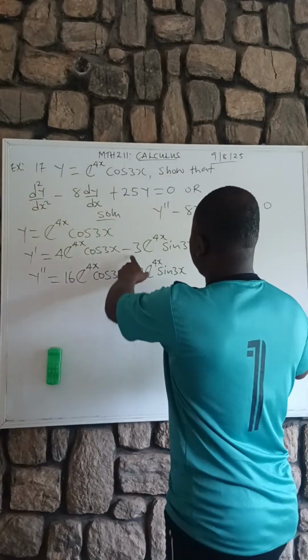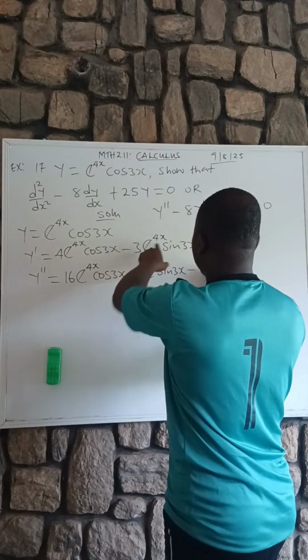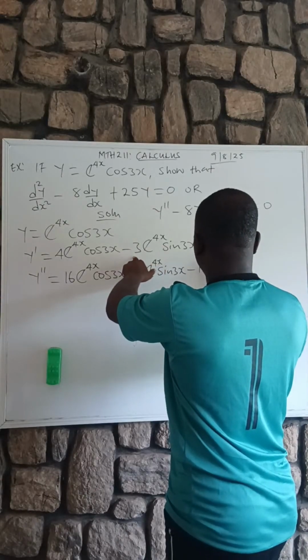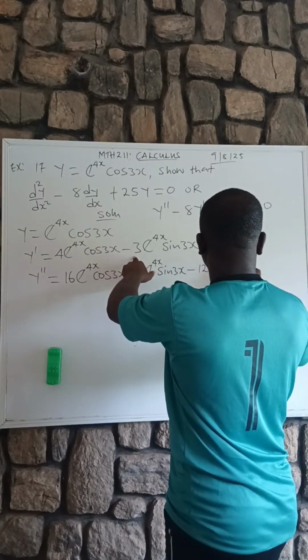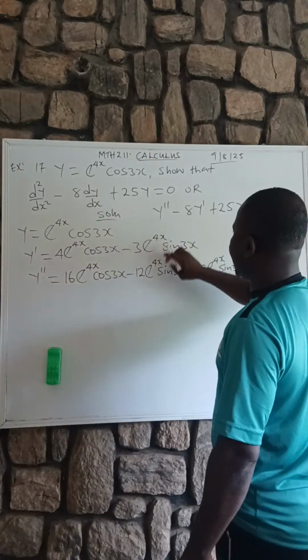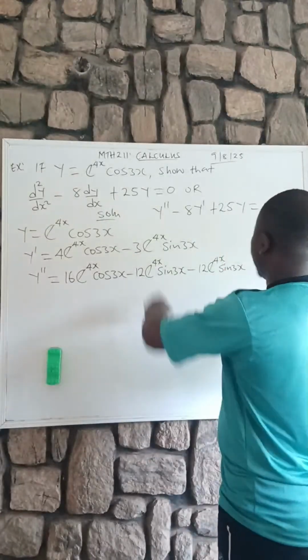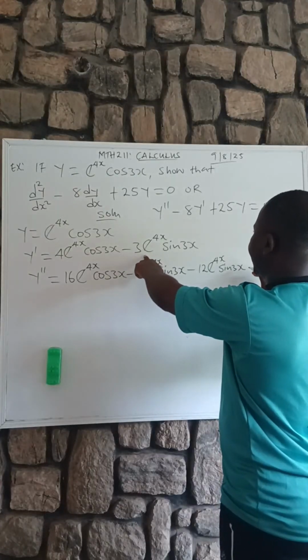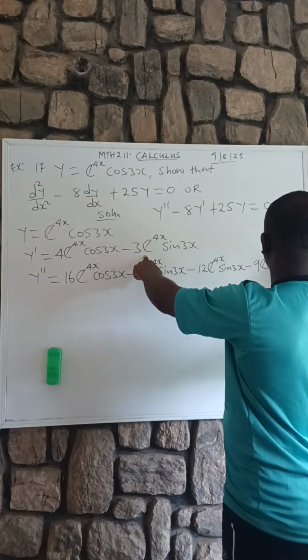Product rule is applicable. Whole sine 3x constant, minus 12 exponential 4x sine 3x, then whole minus 3 exponential 4x constant, then differentiate sine 3x, you are going to have minus 9 exponential 4x cos 3x.